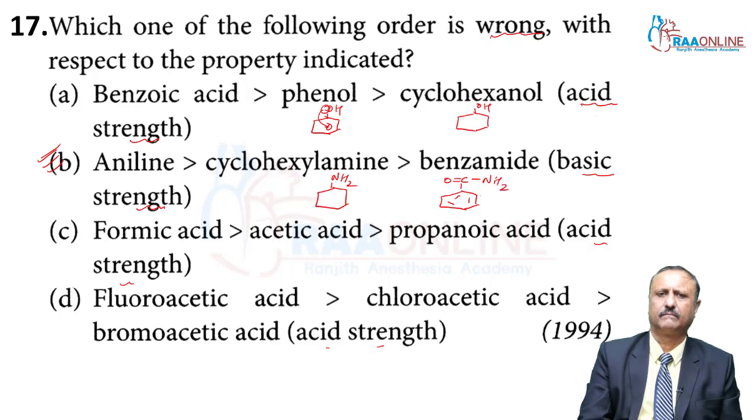Here you can see resonance occurs in aniline, so lone pair electrons enter the ring. So, it is less basic than cyclohexylamine, because here no resonance is present. So, cyclohexylamine is more basic than aniline. So, this is the answer. It is the wrong statement about basic strength.